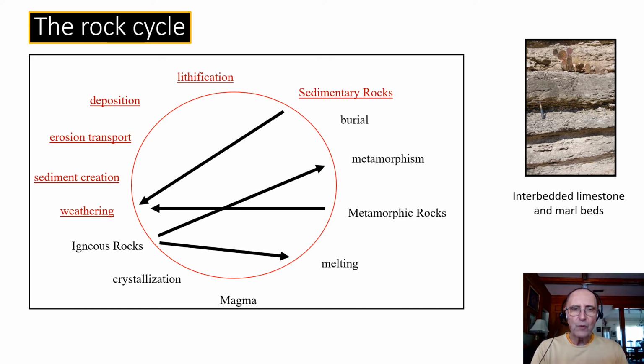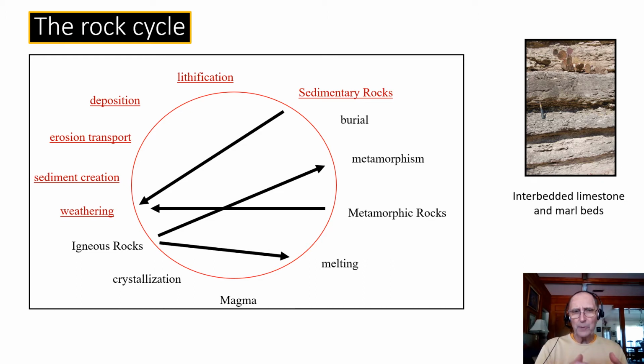Igneous rocks that are exposed at the surface are subject to the weathering agents, such as running water, ice, wind, biological activity, etc. The bottom line is that these rocks are going to break down physically and perhaps chemically and create sediment. So sediment is, in essence, this broken down rock material.